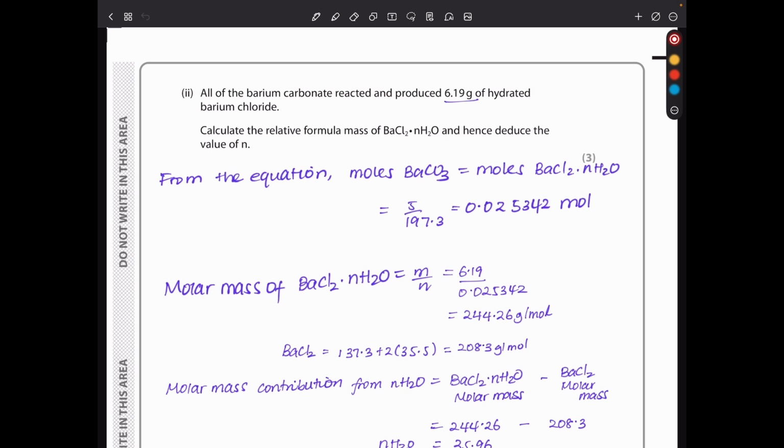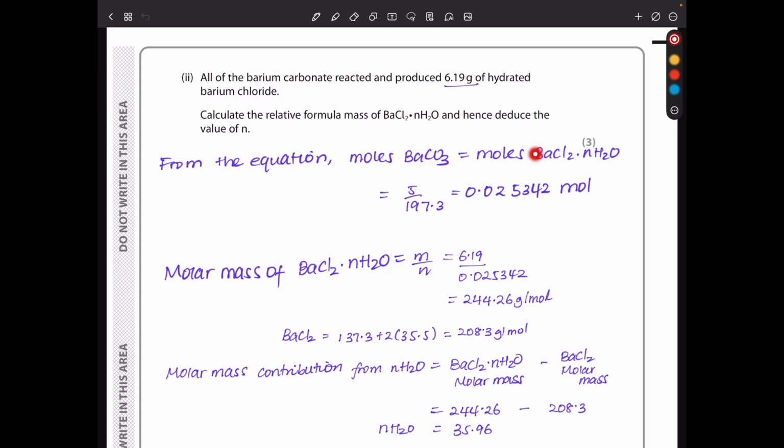And then they say all of the barium carbonate reacted and produced 6.19 grams of hydrated barium chloride. Calculate the relative formula mass of that and hence deduce the value of n. So from the equation, of course, previously we already know the moles of barium carbonate. We've calculated them as that. Because the moles of barium carbonate are equal to the moles of this whole compound, they are the same number of moles. So the molar mass of BaCl2.nH2O is going to be mass divided by the number of moles. The mass given is 6.19 divided by the number of moles, and I got that.